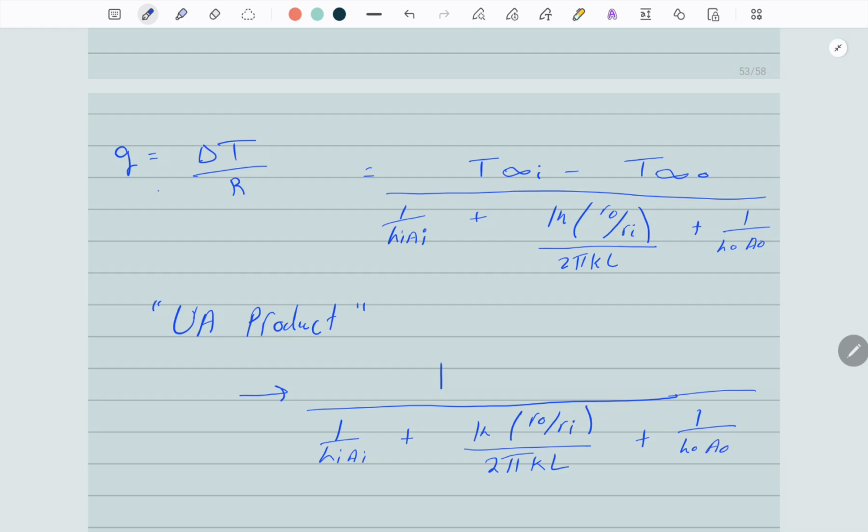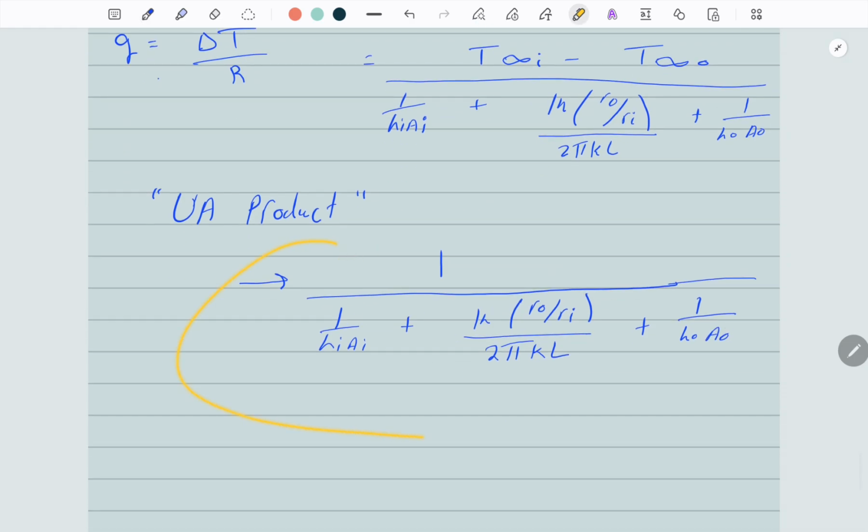This is what is referred to in the industry by engineers as the UA product. So for example, they'll say the UA product of this heater is this value here, instead of saying this large term. Okay, U itself is the overall heat transfer coefficient.